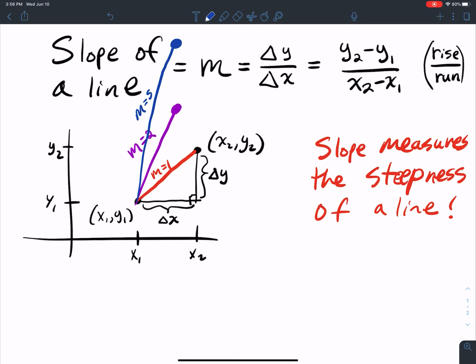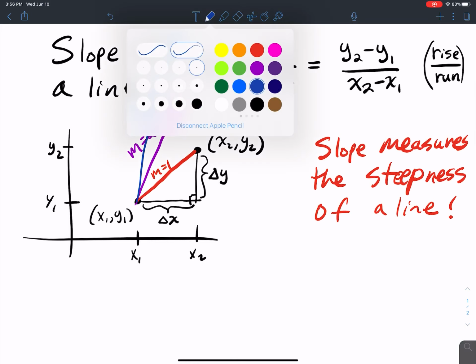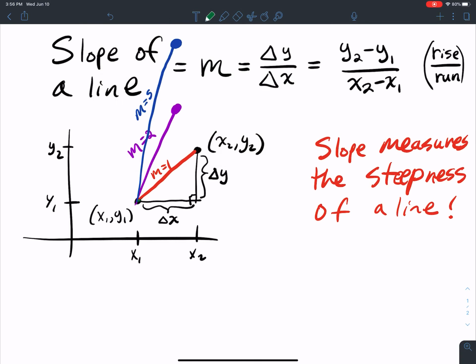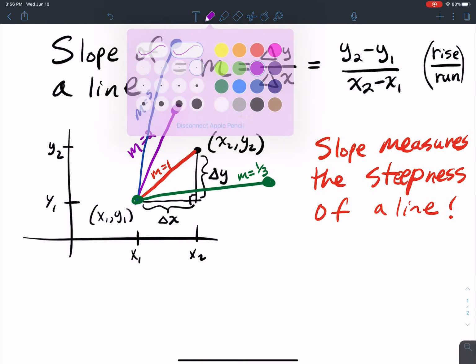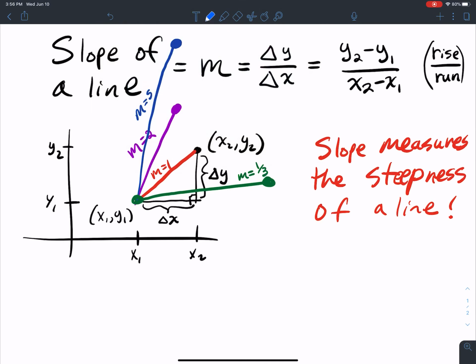Now, you could have the scenario going in the other direction. The slope between those two points, instead of it being 1, is less than 1. It's like m is 1/3.